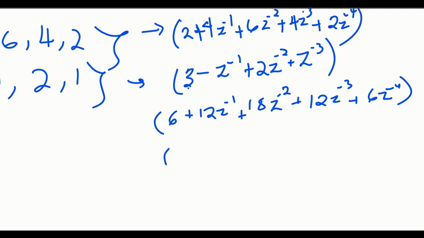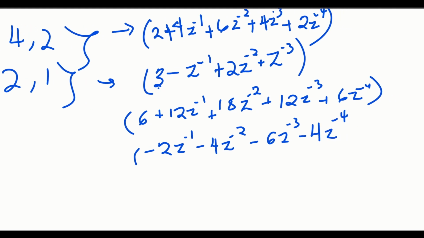So realize that minus z^-1 times 2 gives you minus 2z^-1, plus minus z^-1 times 4 will give me minus 4z^-2, then minus z^-1 times 6 will give me minus 6z^-3, then minus z^-1 times 4 gives me minus 4z^-4.